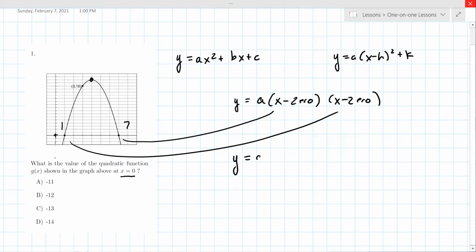So this is y equals a, x minus 1, x minus 7. And you still have the problem of having 3 unknowns: y, a, and x. So that's why this point is given up here. It's to help find the value of a.